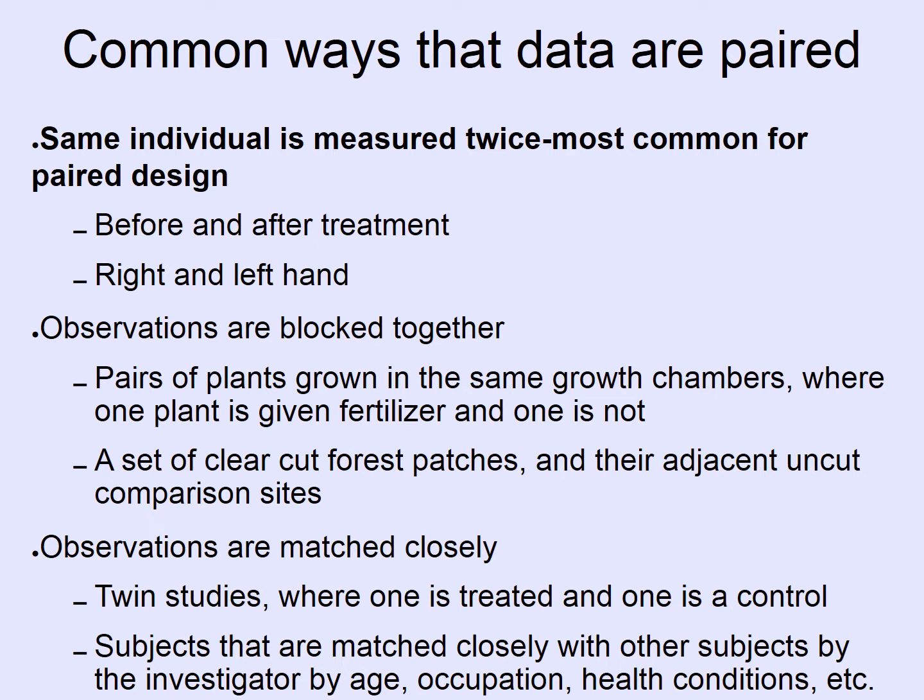Also, you might use a paired design when you're blocking together experimental units, or when the observations are in another way linked. And often we see this in identical twin studies where you're testing both twins because they're genetically identical, but you pair the design because they are very much linked.